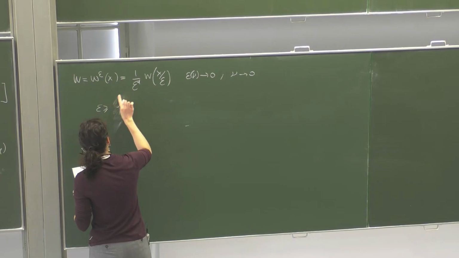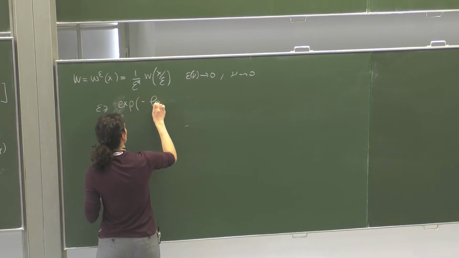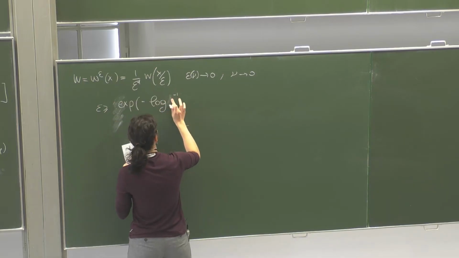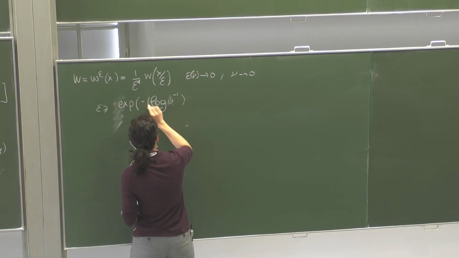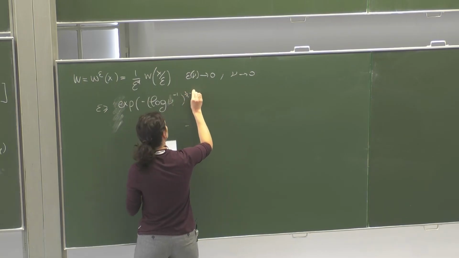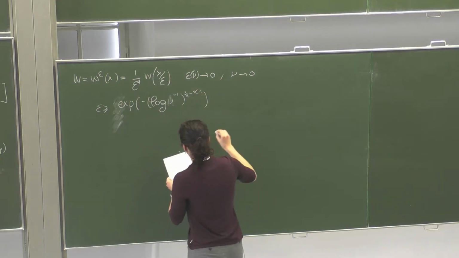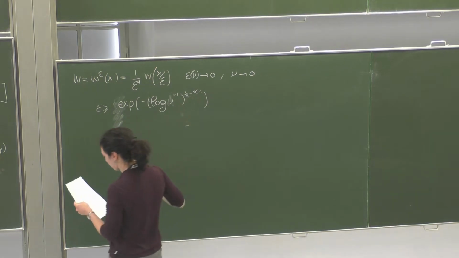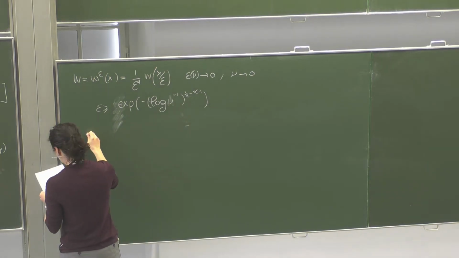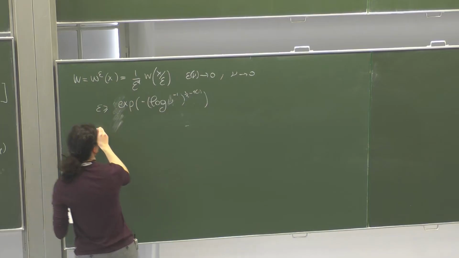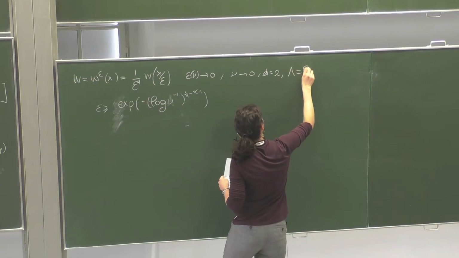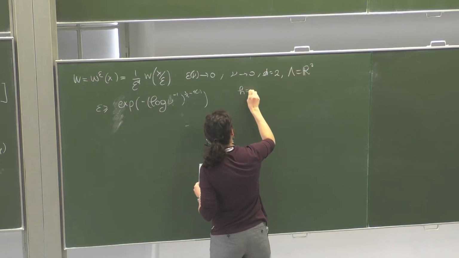So here we have some restriction. Having a restriction on the range of the interaction and taking dimension equal to 2, lambda is R2.